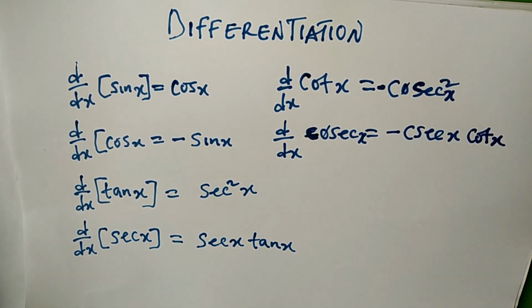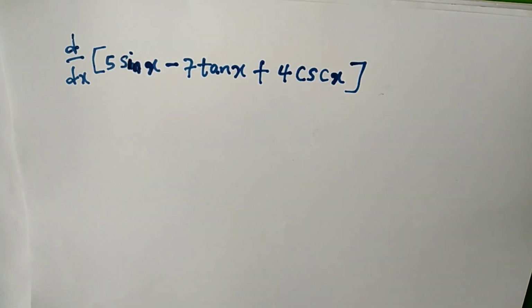Now, you need to just memorize these formulas because they will aid you when you are finding derivatives of trigonometric functions. Now, how can we find the derivative of this particular trigonometric function before us here? You can feel free to pause the video and make an attempt.